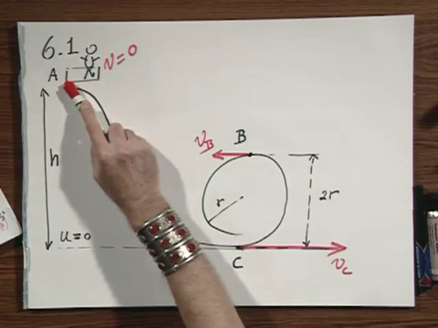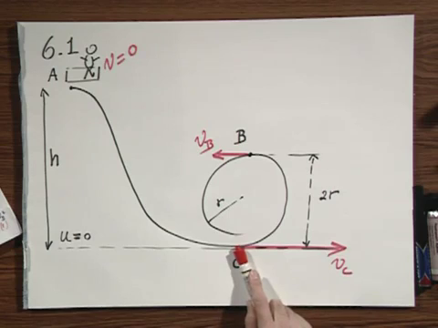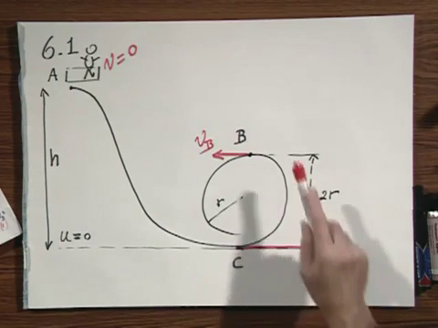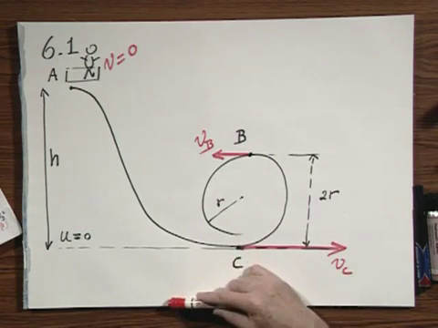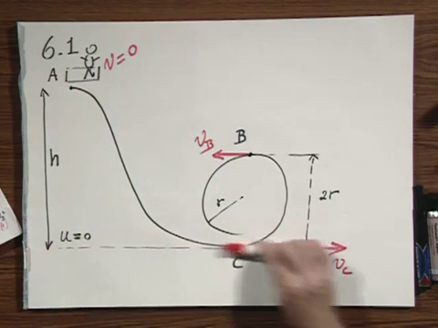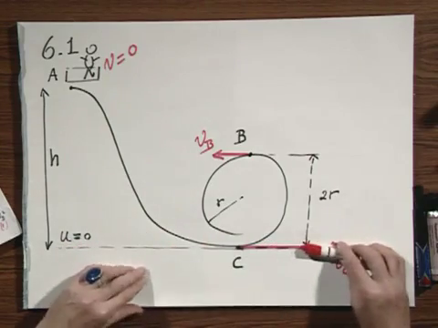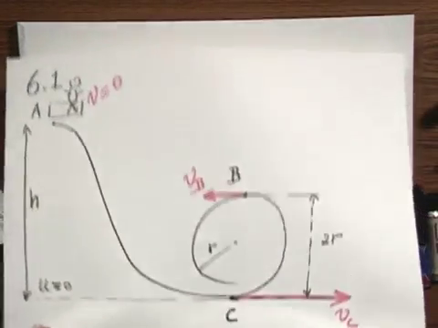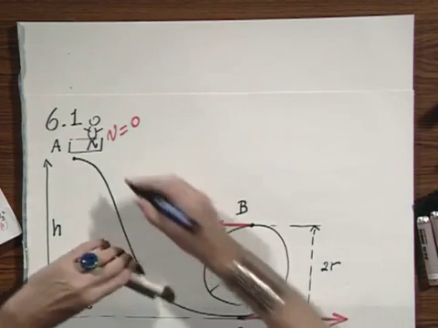Gravitational potential energy plus kinetic energy here is gravitational potential energy plus kinetic energy here is gravitational potential energy plus kinetic energy here. We have already agreed that we have arbitrarily chosen the gravitational potential energy to be 0 here, so that makes life a little easy.